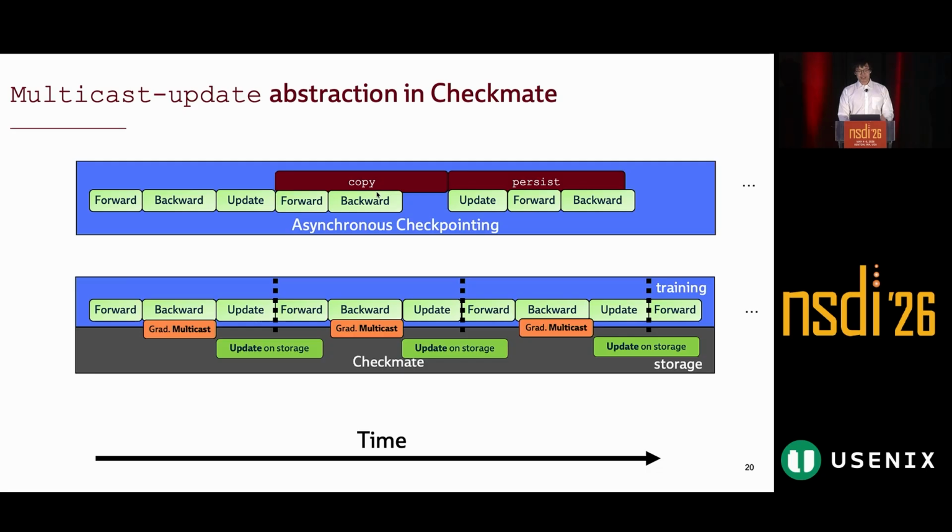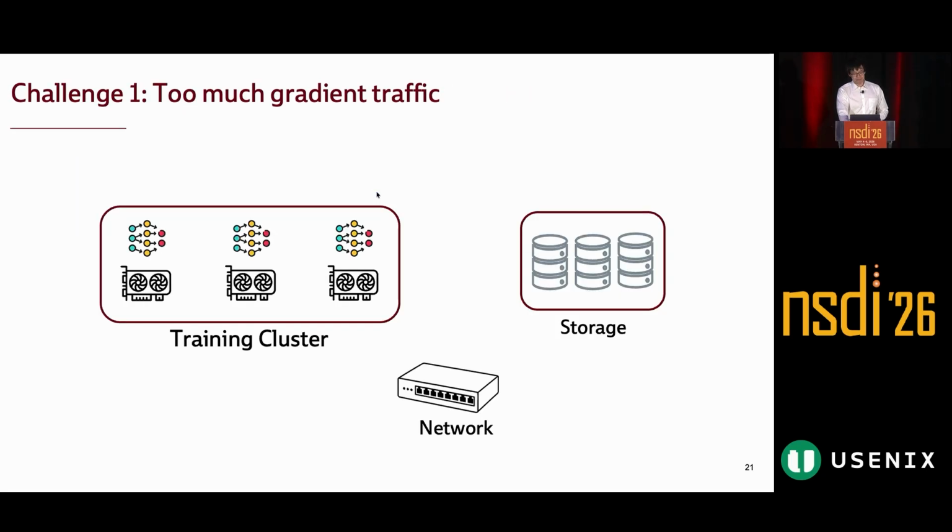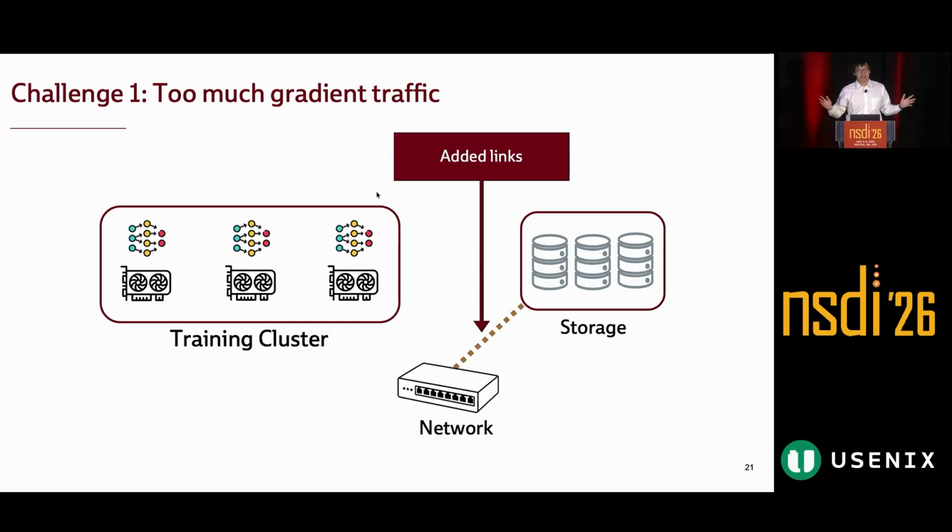While this process sounds straightforward, to realize Checkmate, we need to solve a few challenges. The first one is network load management. To replicate gradients, Checkmate requires enough bandwidth or links to be added across the storage and the network to support replication. However, during gradient synchronization, every GPU in the training cluster sends its traffic at line rate.